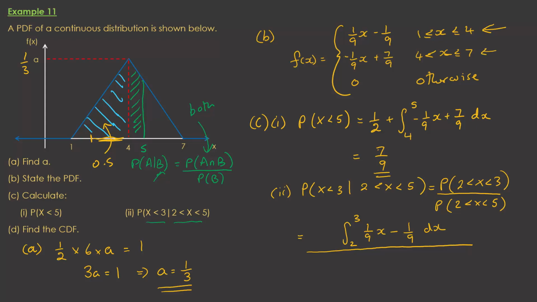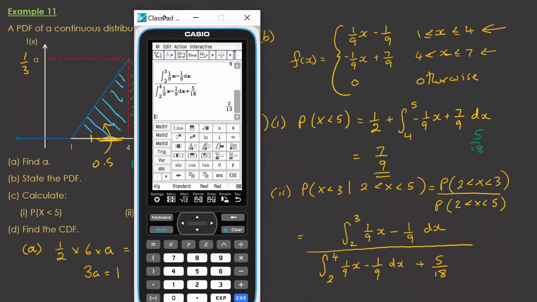And in fact, we already had the answer to that on the calculator. Let's just make a note. That was 5/18. And so we would have the integral here from 2 to 4 of 1/9 x take away 1/9 dx plus 5/18. And I've just done that on the calculator, and we can see that that comes to 3/13.